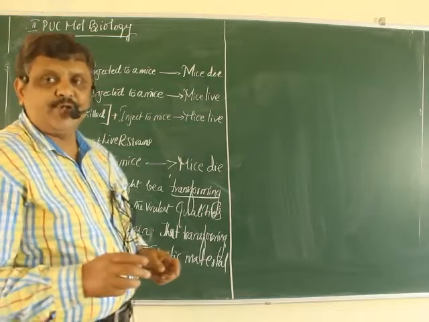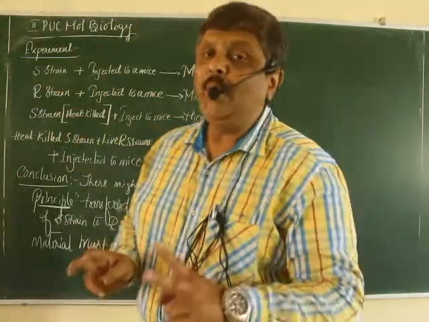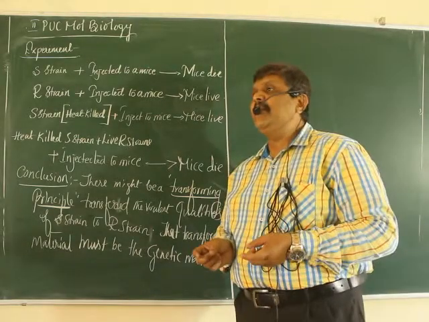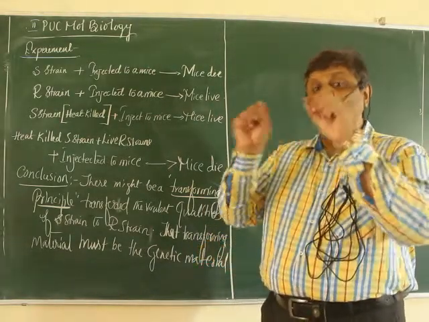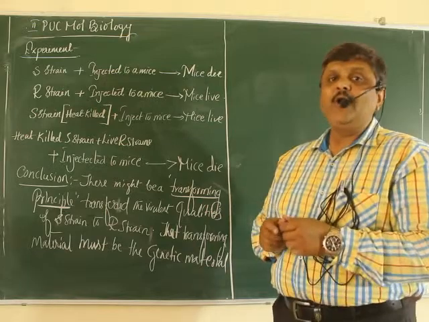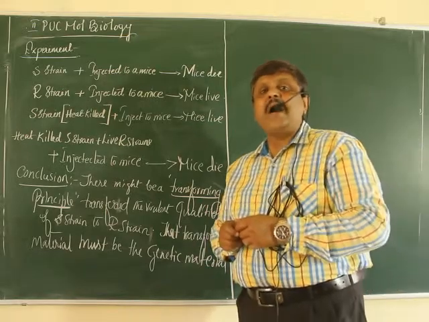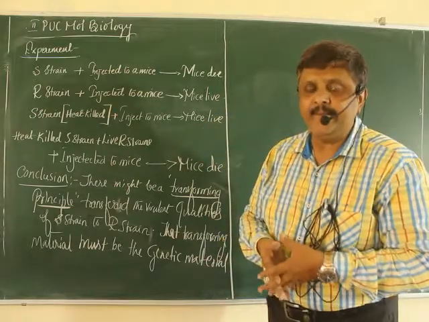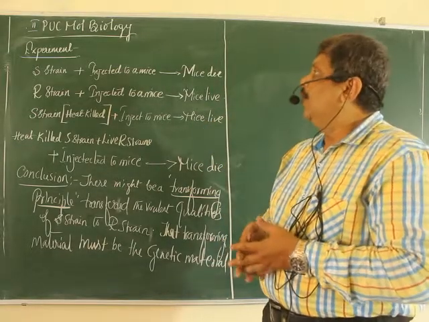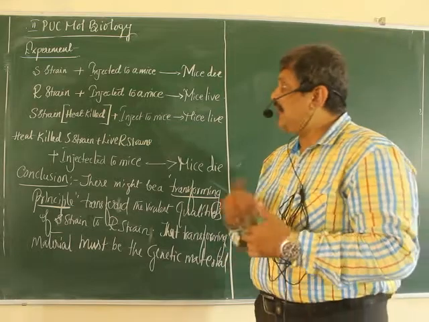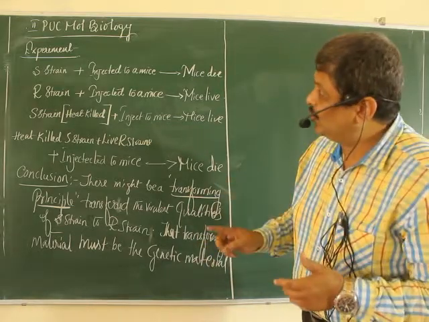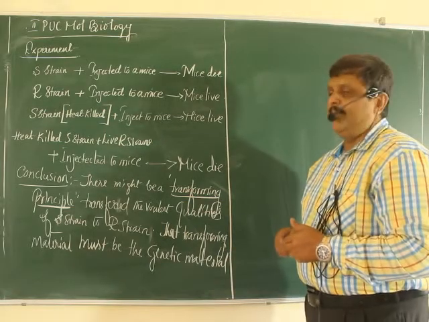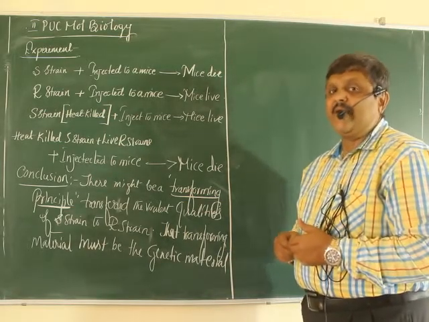In Streptococcus pneumoniae, he observed two varieties. One is the virulent variety, which he named S strain, with a smooth coat, and the non-virulent variety, which he named R strain, with a rough coat, a rough outer membrane. Then he took S strain and injected it into the mice, and the mice died, obviously, because S strain is virulent.